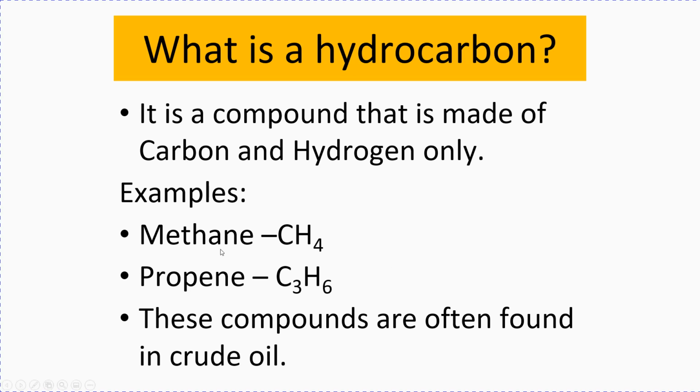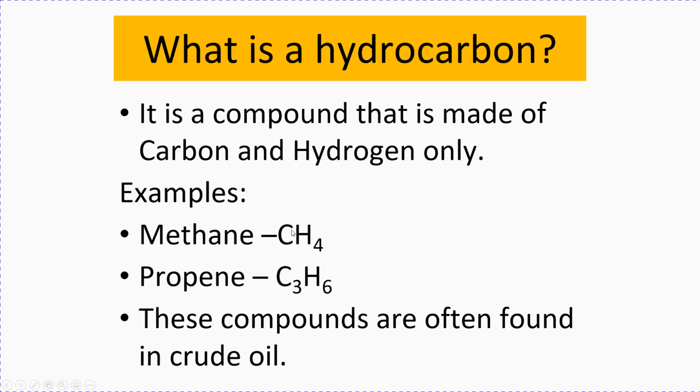So you will notice that methane ends ANE and propene ends ENE. So methane is an example of an alkane family, and propene is a member of an alkene family. Okay, but we're only concentrating on the alkanes for now.